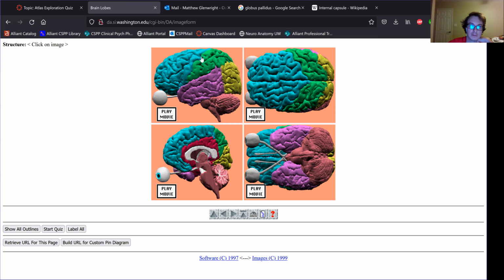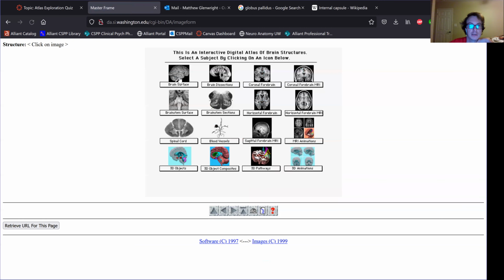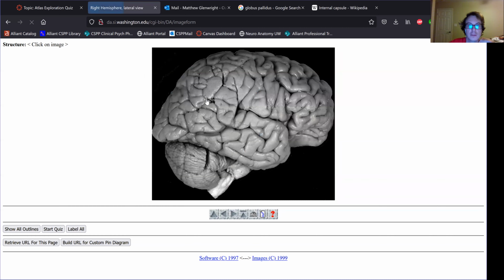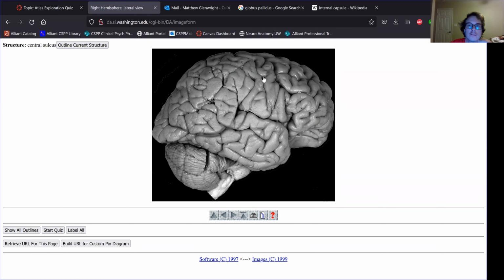This main little ditch, or sulcus, differentiates between the parietal and the frontal lobes. So if we go back and take a look at this, we can see that our central sulcus is right here, I believe. Yes.